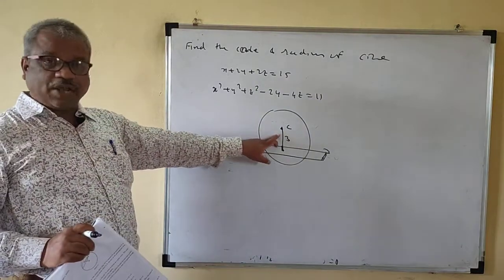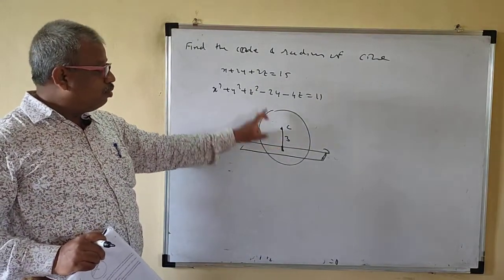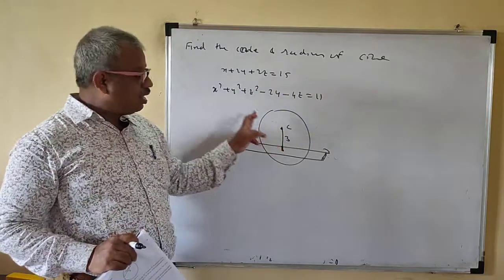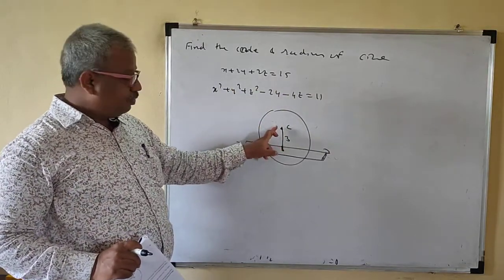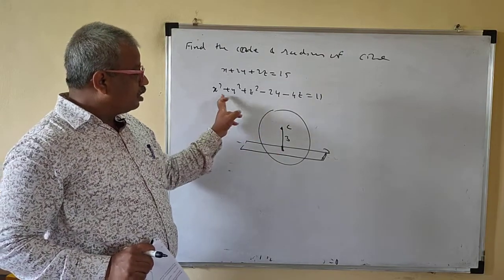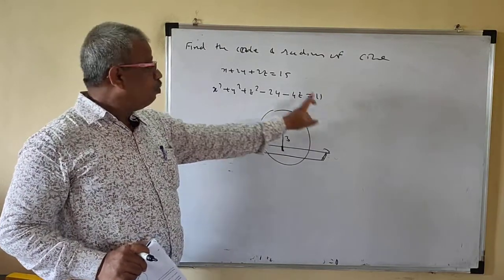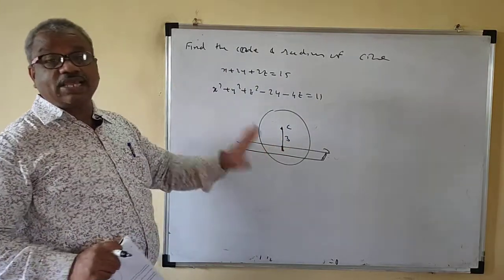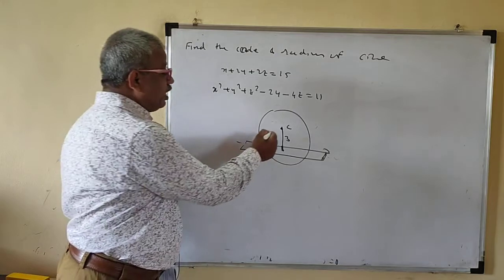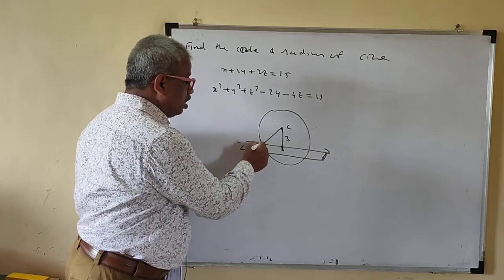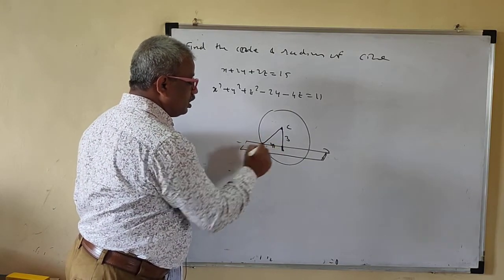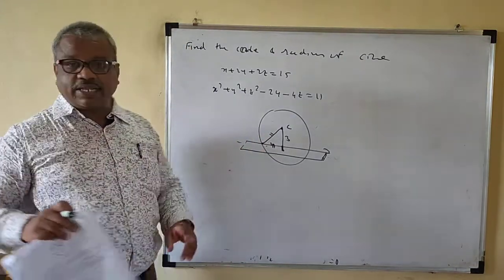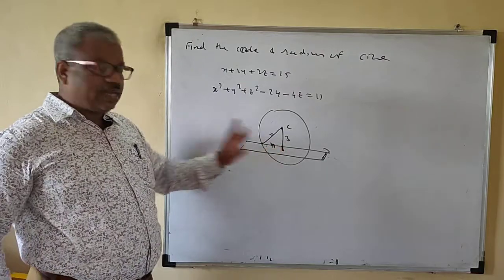That means the perpendicular distance of C, the center of the sphere, from the plane is 3. Then what is the radius of the circle? This is the radius of the circle, but this is the radius of the sphere. So if you get the radius of the sphere, then you can find the radius of the circle.